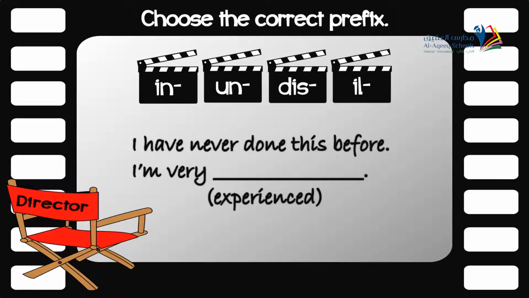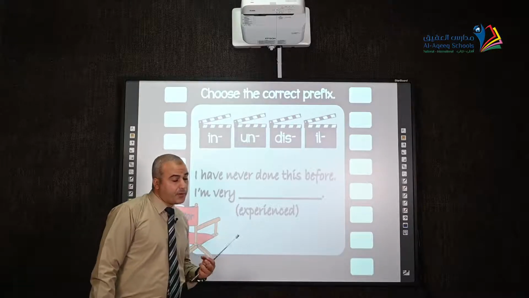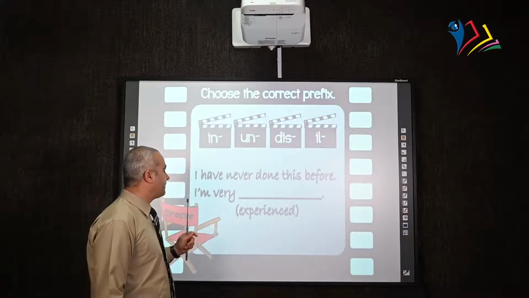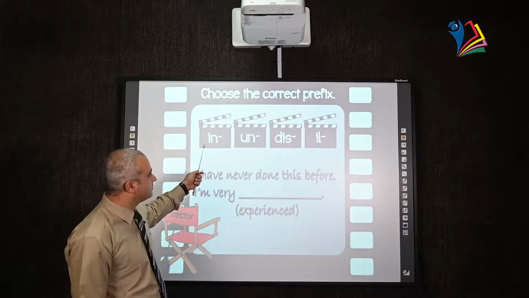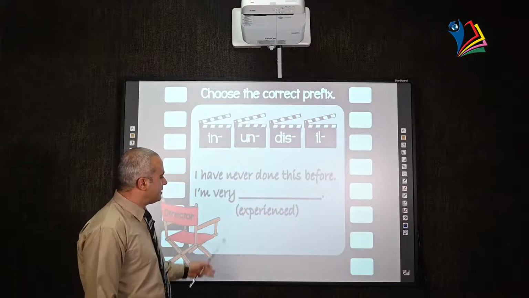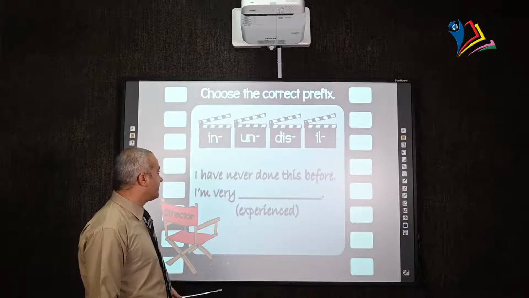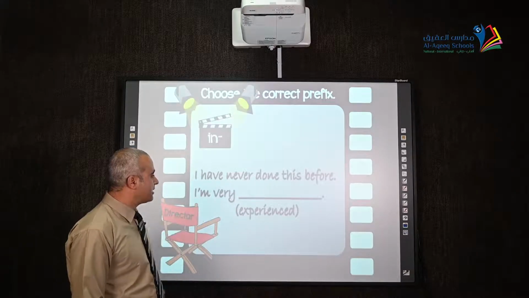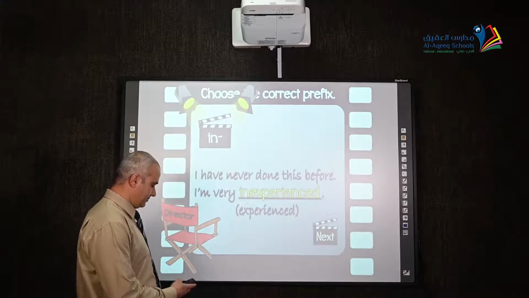I am very experienced. Now I want to get the opposite of this word root. What can we use? In, un, dis, il. So the appropriate answer, or the correct answer, is in. Inexperienced.